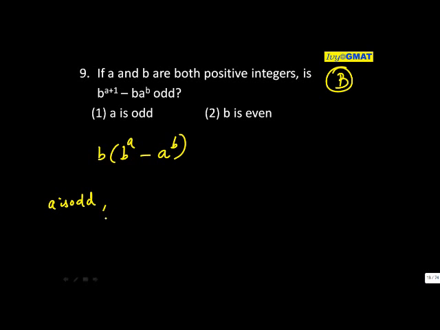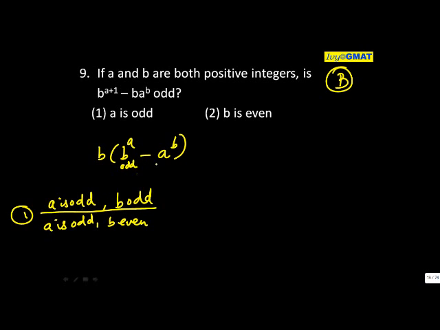Odd or even? I can have B odd, along with A is odd, this is from the first statement. If A is odd and B is odd, let's see, what will be odd to the power anything always? 3 to the power 1 is odd, 3 to the power 2 is odd, 3 to the power 3 is odd. So this value will always be odd.